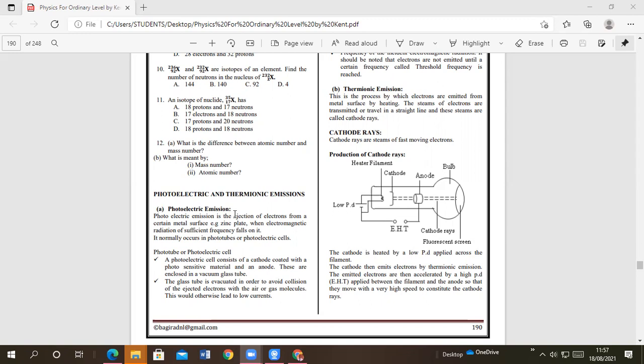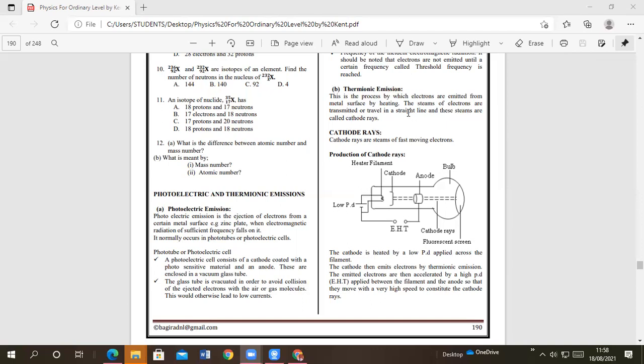So when this light is incident on a metal surface, on a specific metal surface, there will be electrons that will be emitted, liberated from that metal surface.